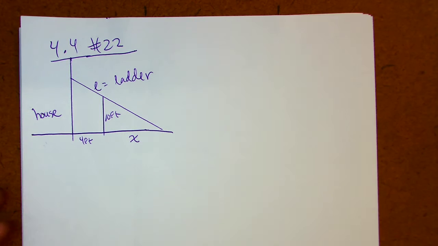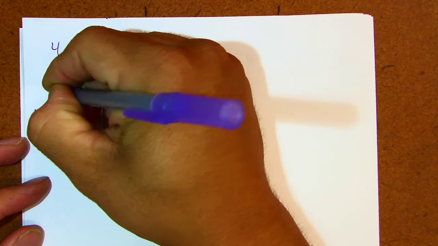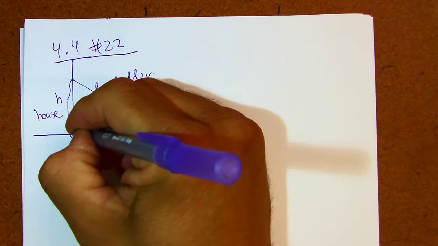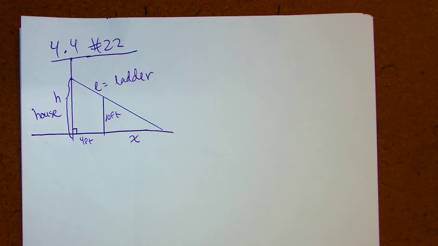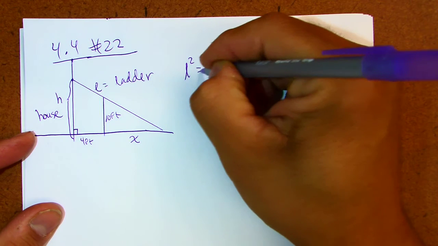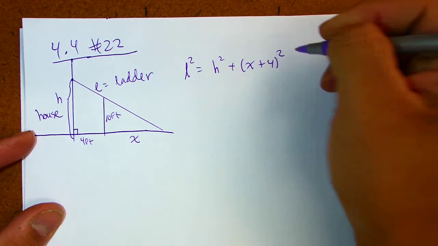We'll call that X. And then here, we'll call that H. All right, so now again, they make that assumption here. We have a right triangle. So we have a square.